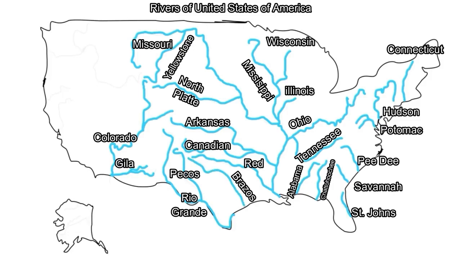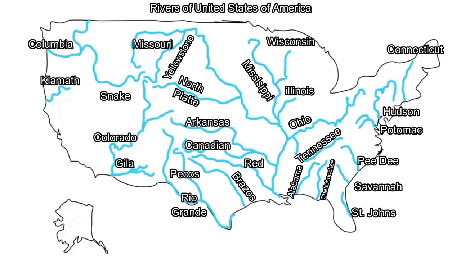Brazos joining directly to Mexico Bay, part of Atlantic. Now coming to the west side, Snake River, which is a tributary of Columbia River. Columbia River comes all through Canada and joins USA, and it flows till Pacific.